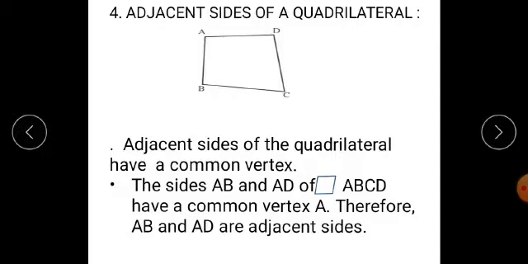For example, the sides AB and AD of quadrilateral ABCD have a common vertex A. Therefore, AB and AD are adjacent sides.